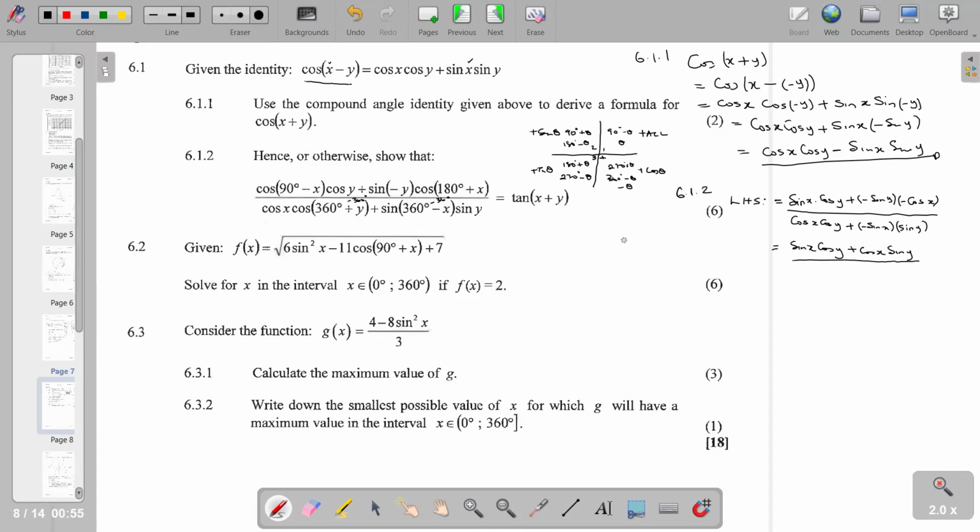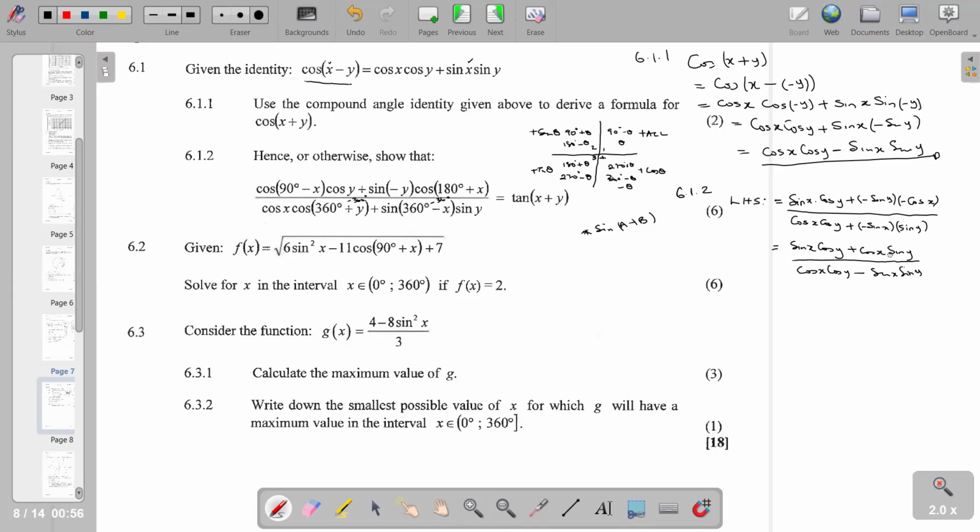And we know on our formula sheet we have a formula for sine A plus B, which is written as sine A cos B plus cos A sine B. You see, when you start with sine, the next one we start with cos from the formula sheet. Then on the denominator, we are going to have cos x cos y. This becomes minus sine x sine y.